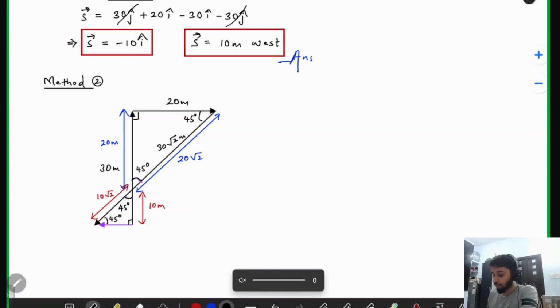This is where slight complication might come, how you prove that. Again this will become an isosceles right angle triangle. So this length is 10 meter, this length will also be 10 meter.